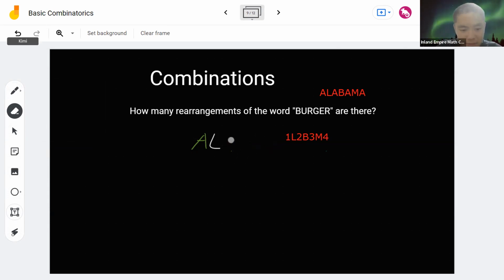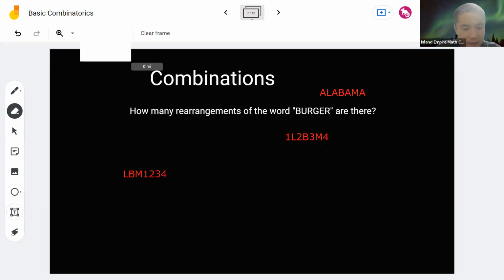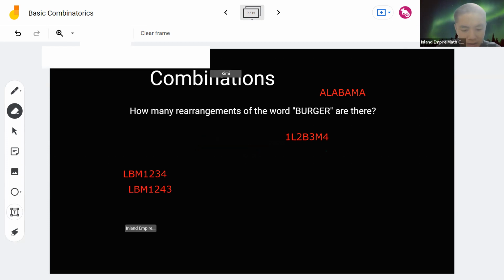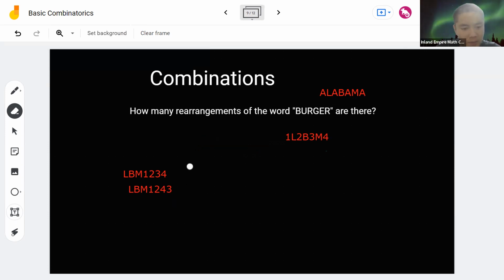For example, if we just put all the letters in the front, LBM 1, 2, 3, 4, there are actually a bunch of other arrangements that would look the same, but aren't quite the same, such as LBM 1, 2, 4, 3, LB1 M2, 1, 3, 4, 2, or LBM 1, 3, 2, 4.